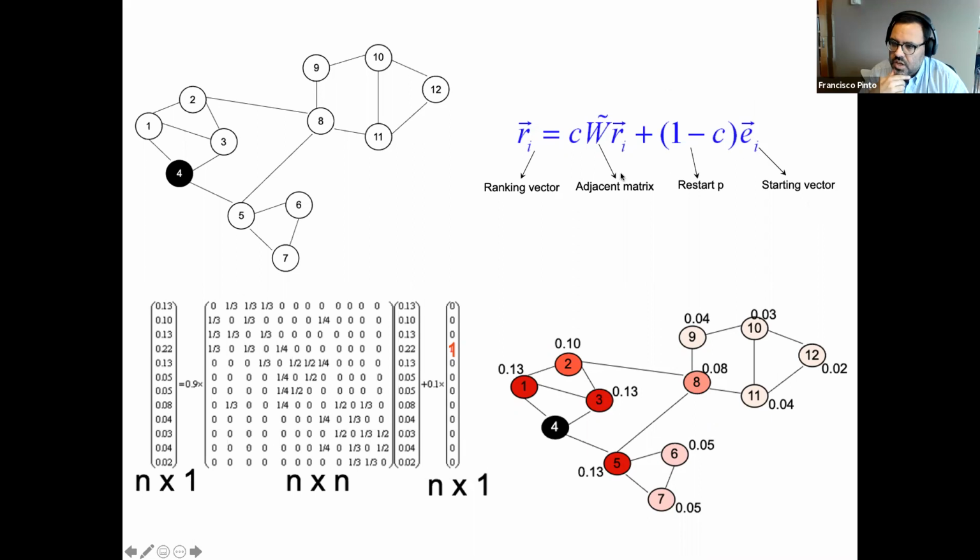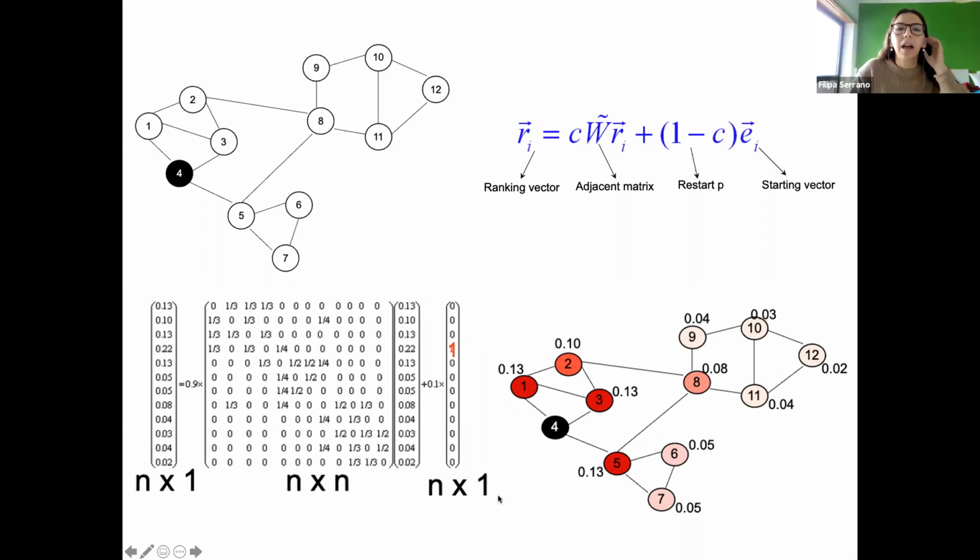But with the other 50%, the probability of visiting other nodes is defined by the product of the present ranking vector times the weighted adjacency matrix. And that's why you multiply the vector with the present distribution by the probabilities of changing from one node to one of its neighbors.